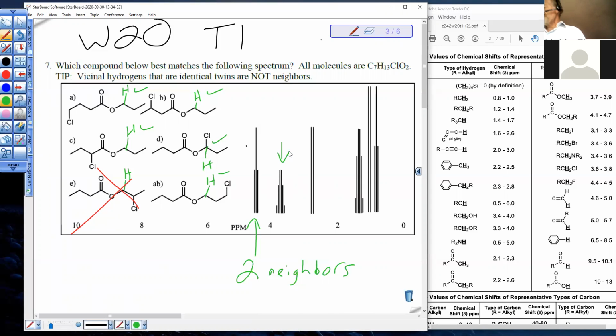Well, 2 neighbors causes a triplet. 5 neighbors causes a sextet. Let's put that in a different color, shall we? 5 neighbors on the C that has the H with the Cl. So we're crossing off molecule 1, or A.